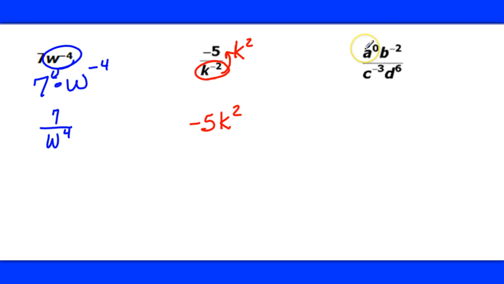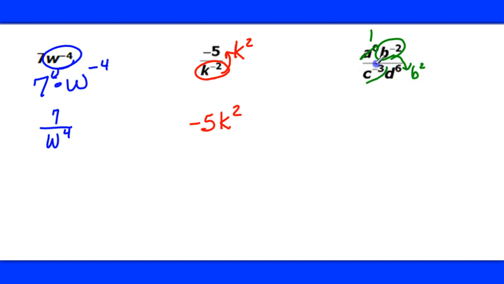Hopefully this one's going to make it much clearer. First of all, any non-zero number to the 0 power is 1. So a to the 0 power is 1. Okay? This has a negative exponent, so that's going to move down to the bottom and become b squared.